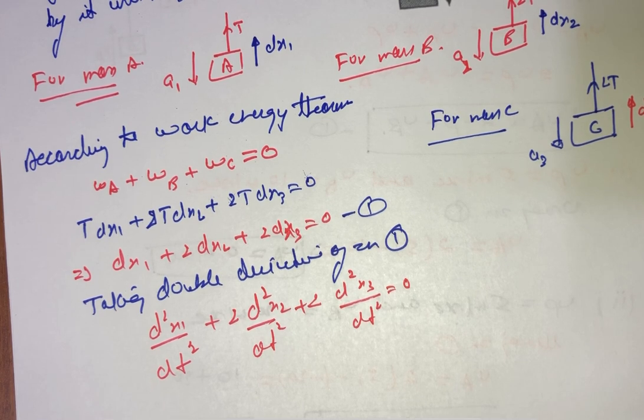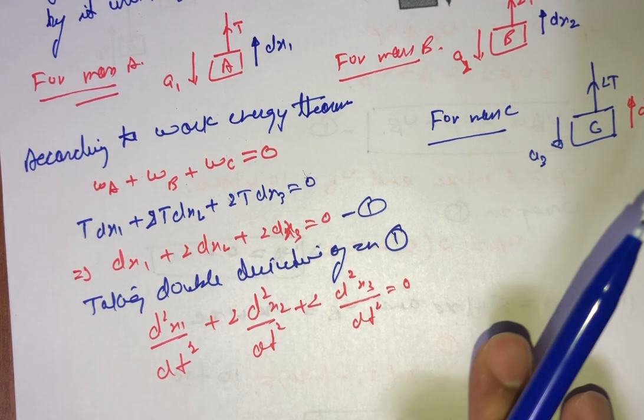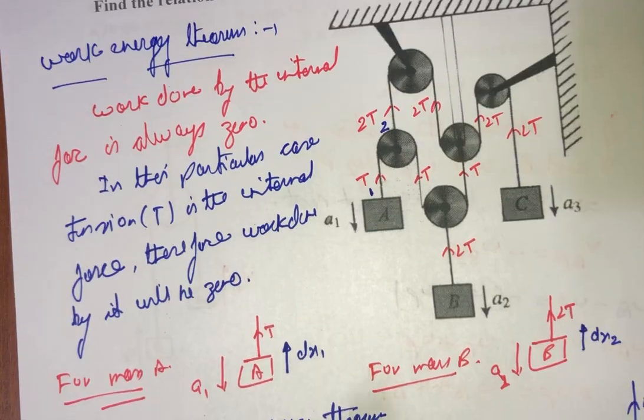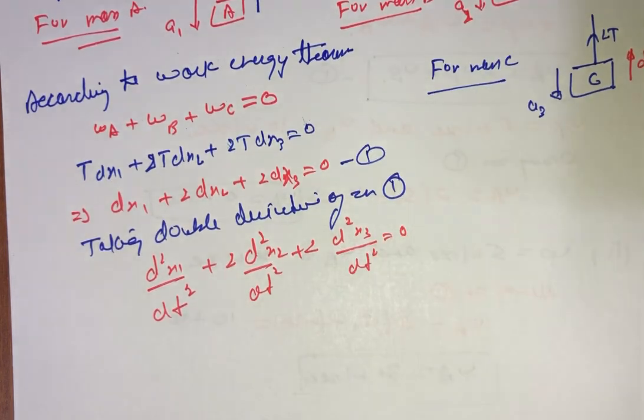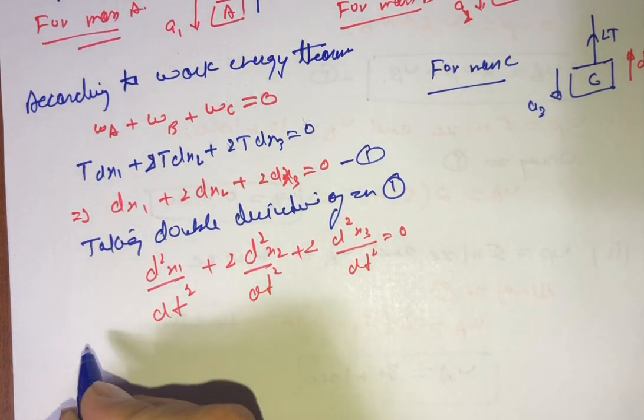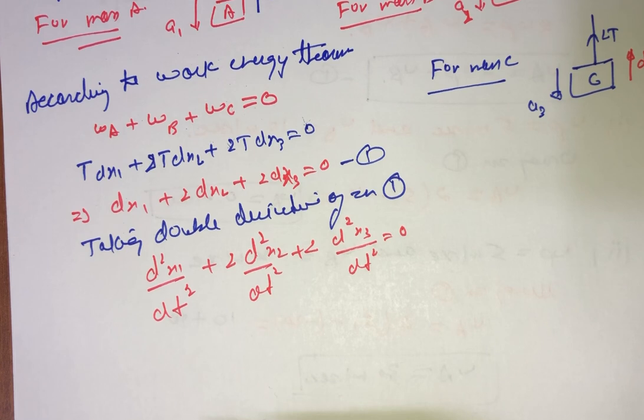Now we are going to replace the respective values of acceleration in place of the double derivatives of x1, x2 as well as x3, but considering the sign also. In the figure we can clearly see that the acceleration and displacement we have taken are in opposite directions. Because of that we are going to consider the negative signs.